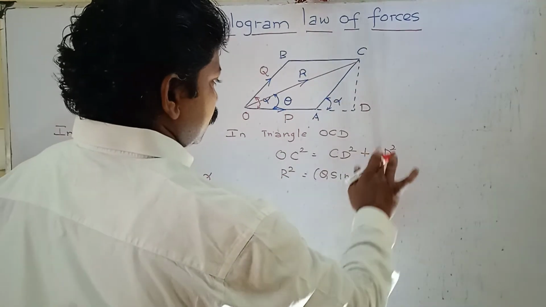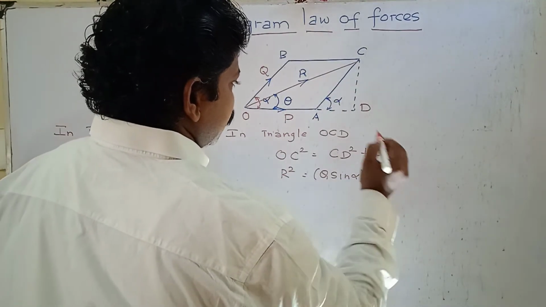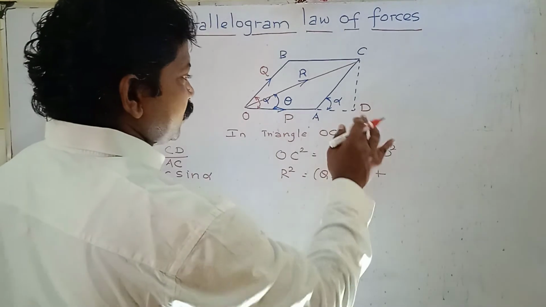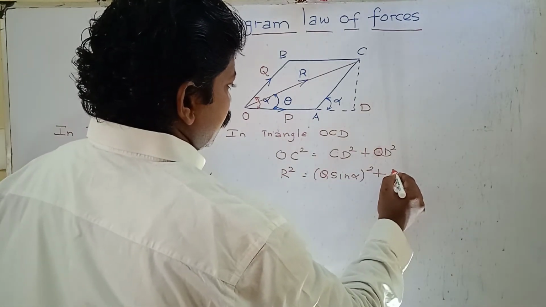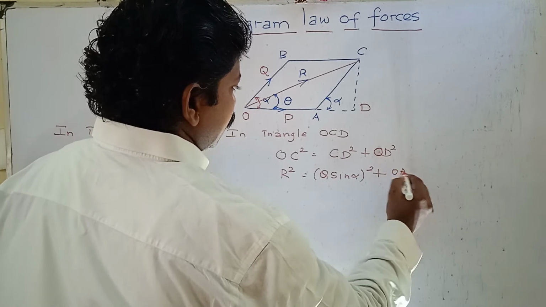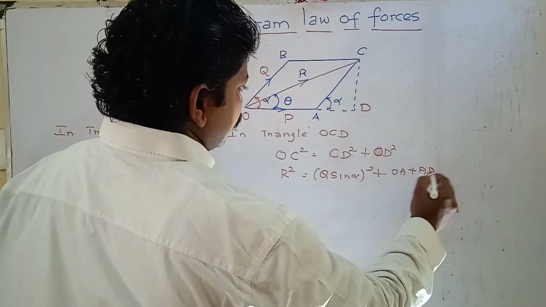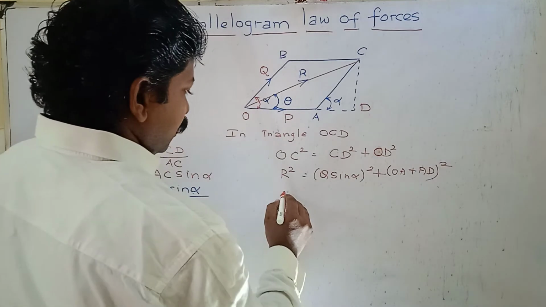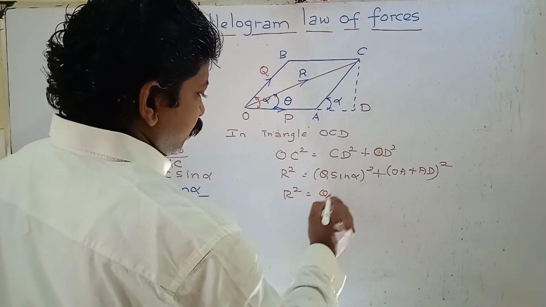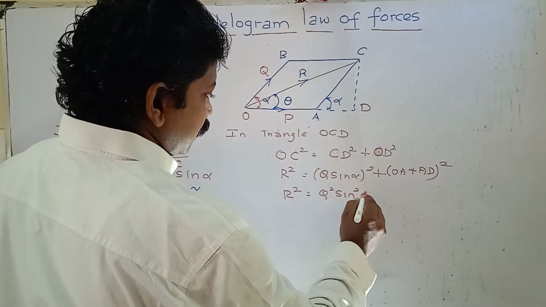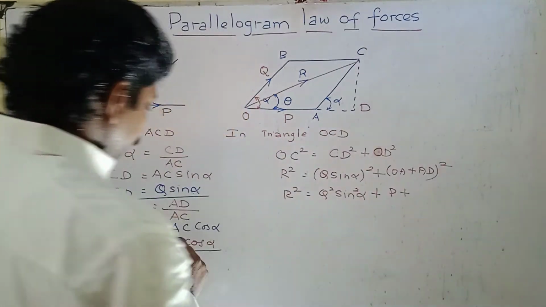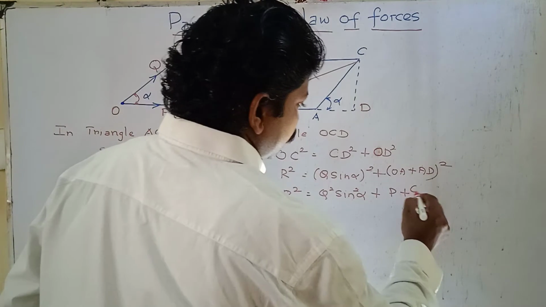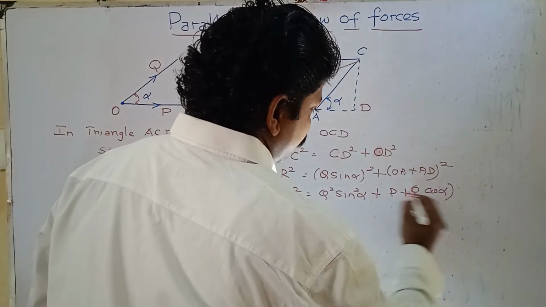So OD equals OA plus AD, the whole square. So R square equals Q square sin square alpha plus, with OA equal to P and AD equal to Q cos alpha, the whole square.